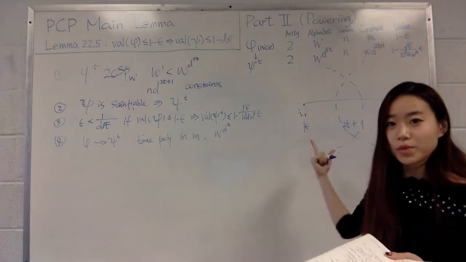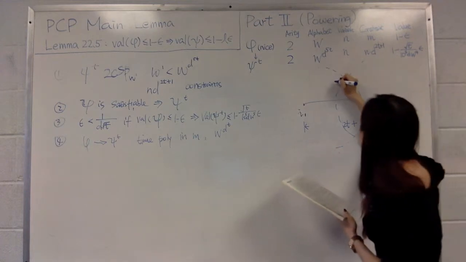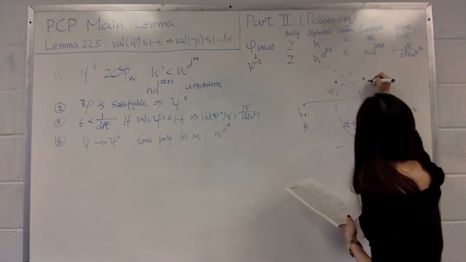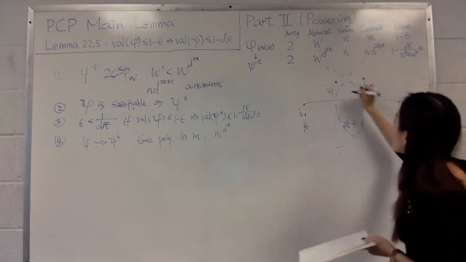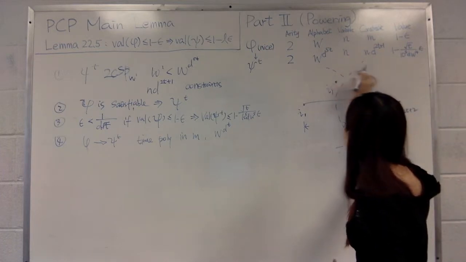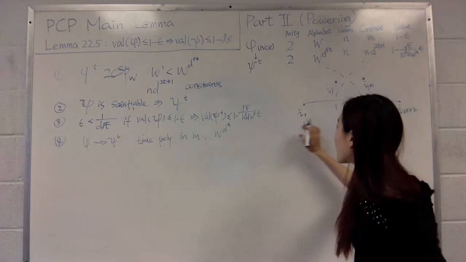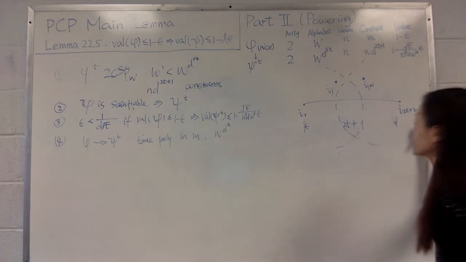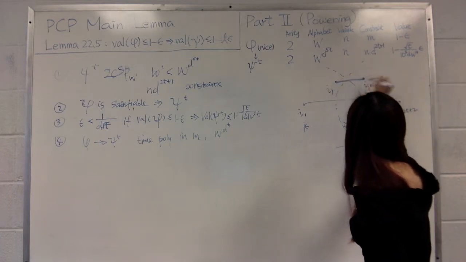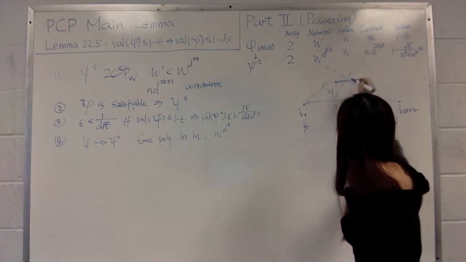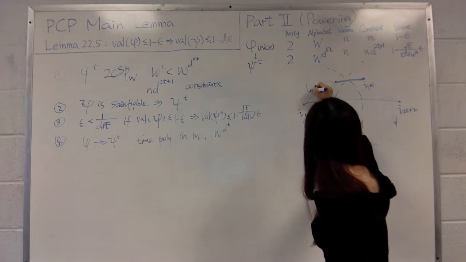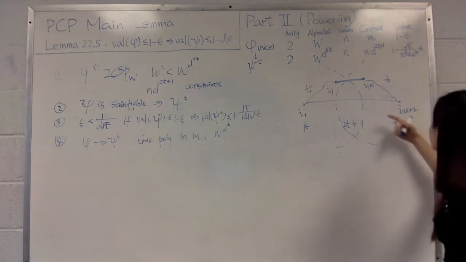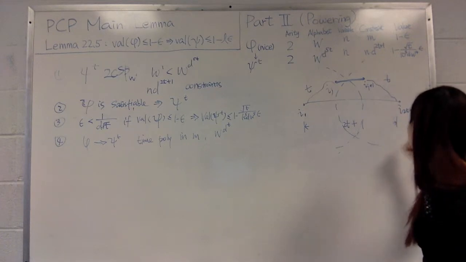For every 2t plus 1 steps, there must be two points that we call ij and ij plus 1. Then ij is in the ball of i1, and ij plus 1 is in the ball of i2t plus 2, and there is only one step between them. Also ij is t steps from i1, and ij plus 1 is t steps from i2t plus 2.